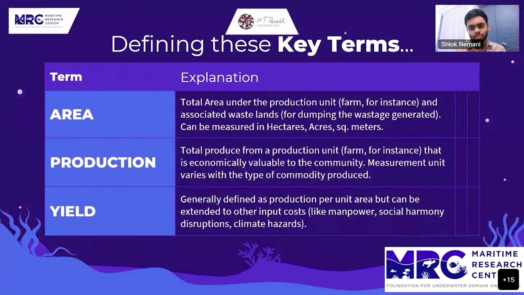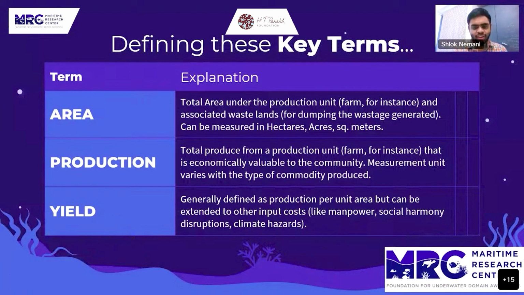Production is the total produce from any production unit. In production, one thing to remember is that not all production may be economically valuable. There may be some byproducts or wastages, so only what can be sold to the market is considered total produce.